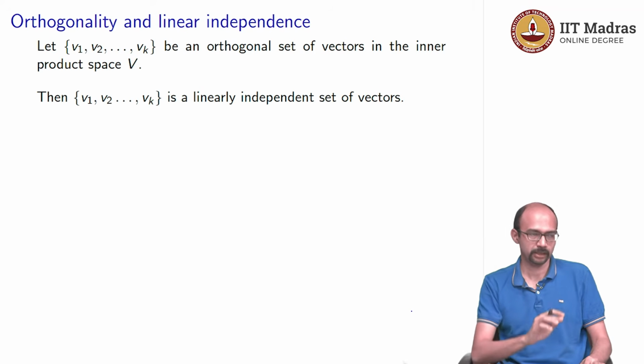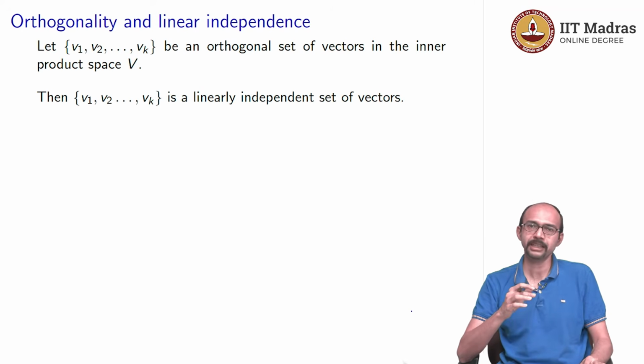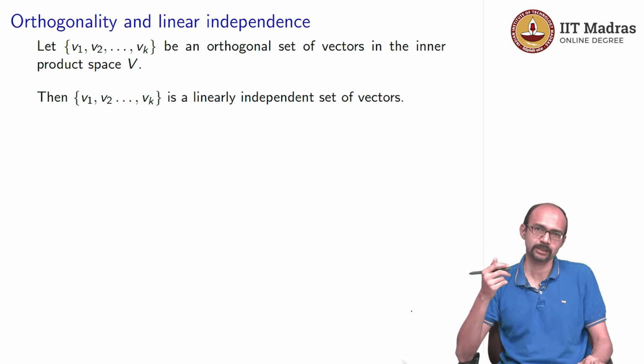Now, let us recall, to check something is linearly independent was a fairly hard process. We had to write down summation Ci Vi is 0 and then by some way we had to say that each of the coefficients Ci is 0. And in Rn, that means we had to solve a system of linear equations and check that indeed each coefficient is ending up being 0.